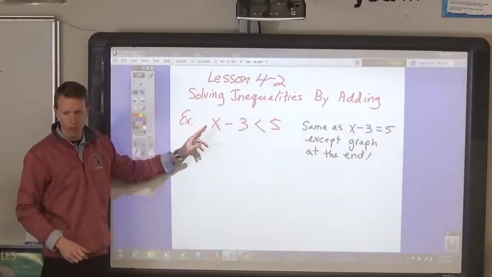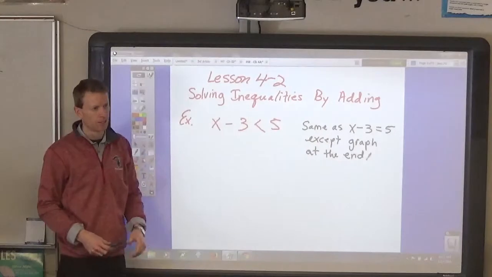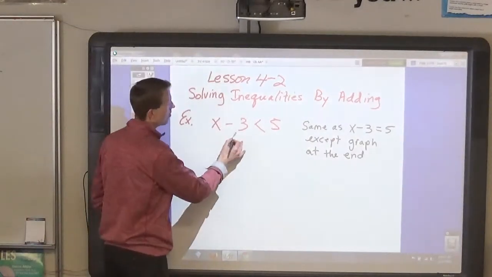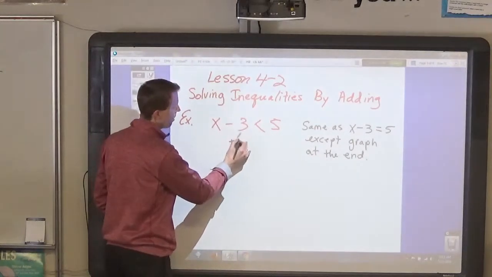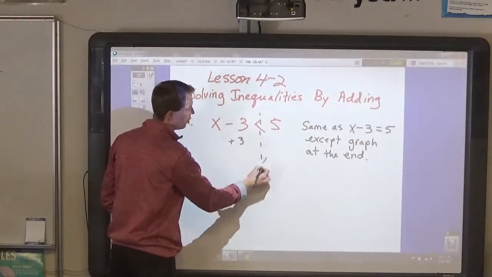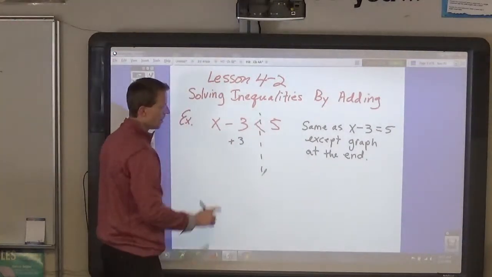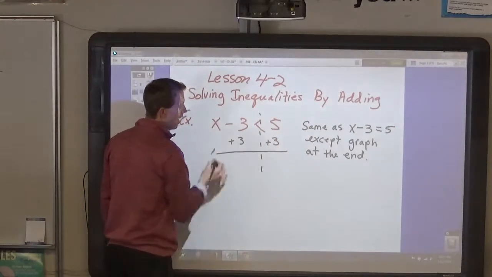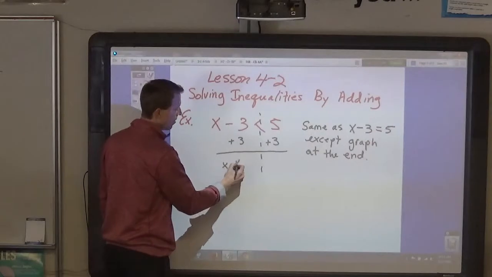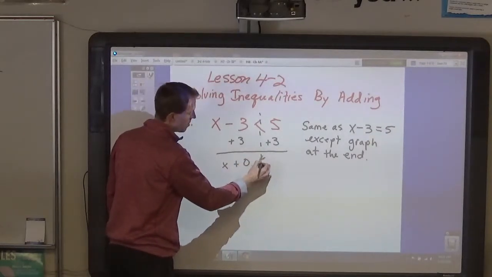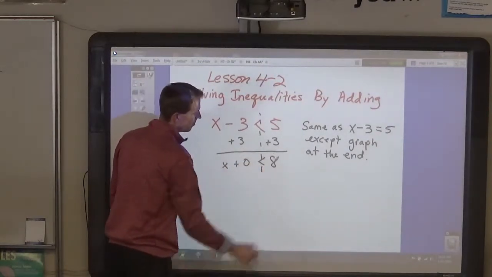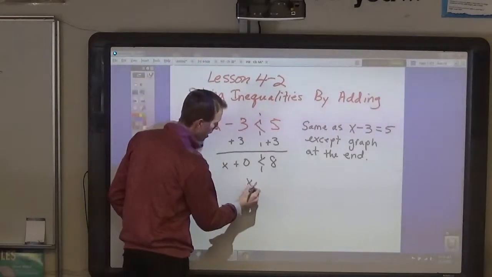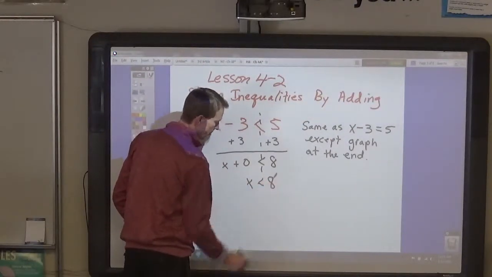What do we have to do to prove our solution here? Aiden? We would add a 3. Right. Add a 3 to both sides. Yep, we've got two sides of our equation here. We add 3 to both sides, and that proves that x is less than 8, because x plus 0 is less than 8, therefore x is less than 8.